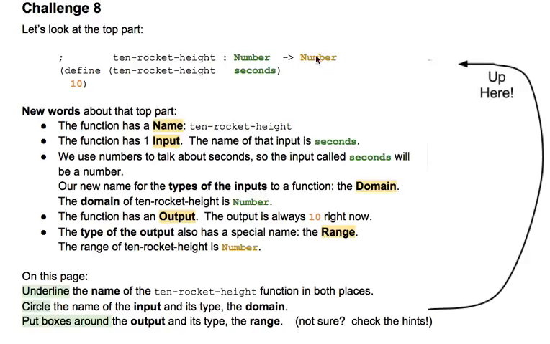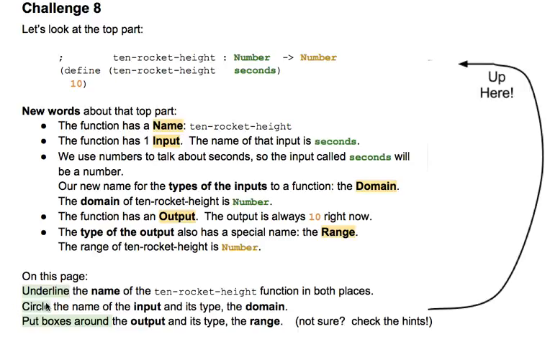This is the range. And you can see it a little bit with the colors, but not everybody can see colors. So the range is what's after the arrow, to the right of the arrow, because that's the type that the function outputs. All of the outputs are going to be numbers, and that's all that this is saying here. So I want you to underline the name of the 10 rocket height function in both places. So underline here, okay?